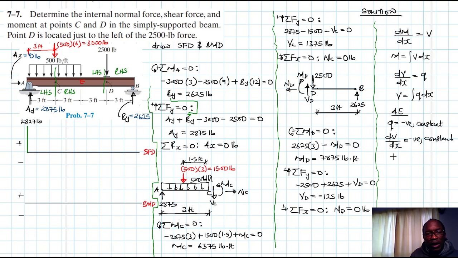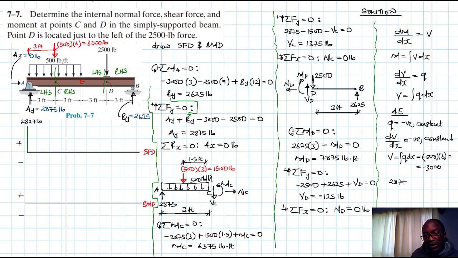This magnitude is equal to the area under the distributed load diagram, which is rectangular so we can calculate it directly: minus 500 times 6. This gives us minus 3,000 pounds.